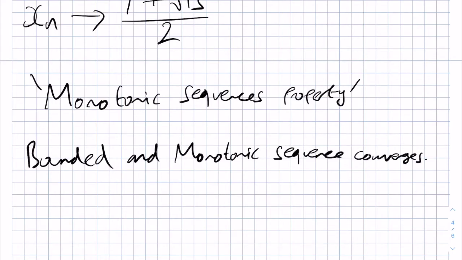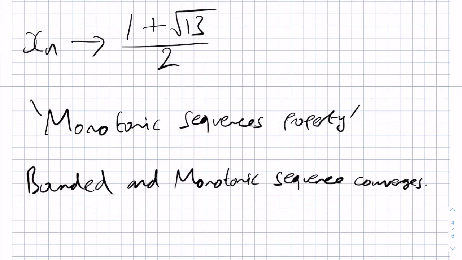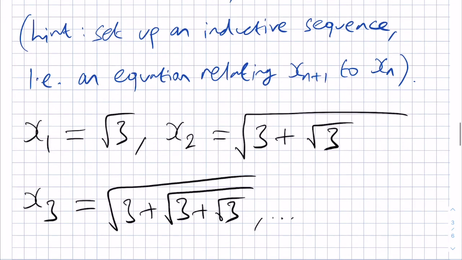We discussed what bounded means in our previous example video, but monotonic just means that the sequence is either entirely increasing or entirely decreasing. This sequence is certainly increasing because we start with the square root of 3, and then we add on a further root 3 inside, and this continues on to x3 and so on.